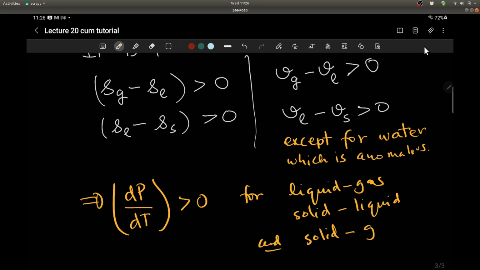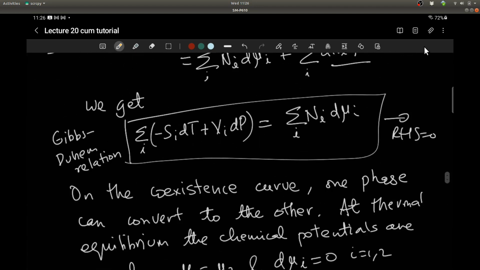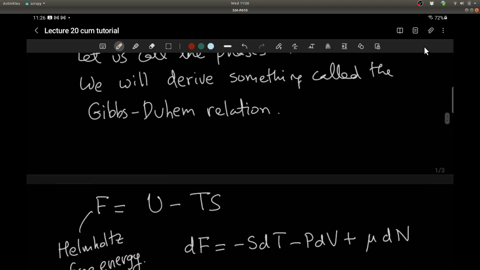Solid to gas. All these possibilities we get. Is this clear? Okay. So now we can go back to our phase diagram.